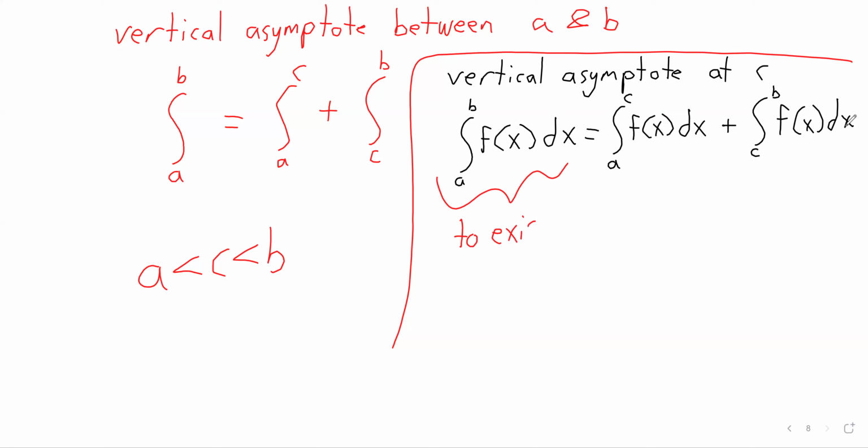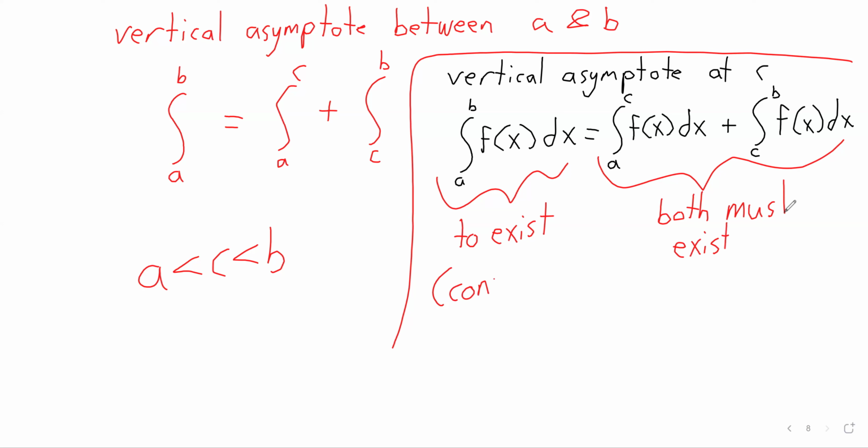In particular, for this to exist, both of these must exist. I keep saying exist. The more formal word is converge.